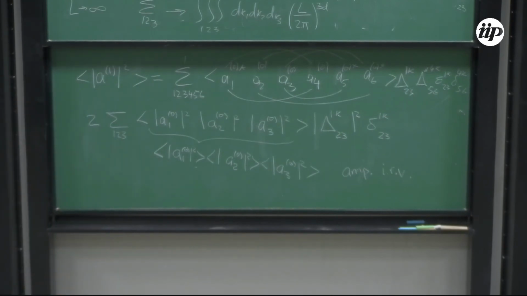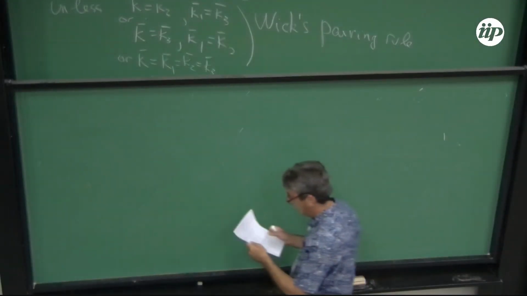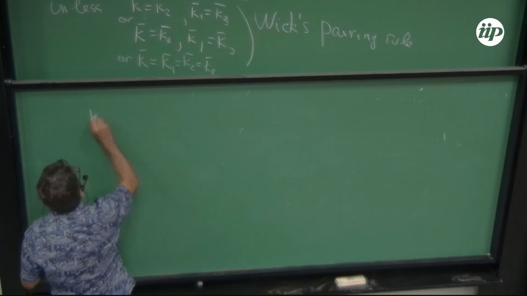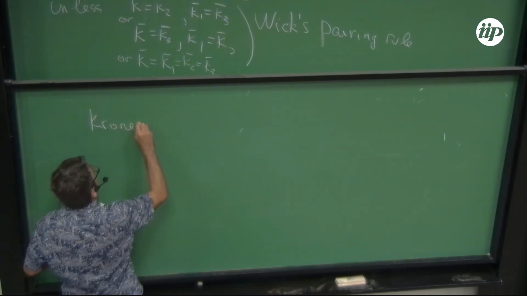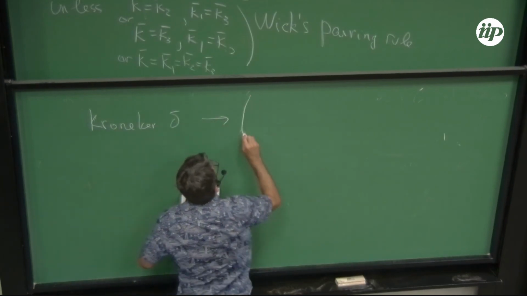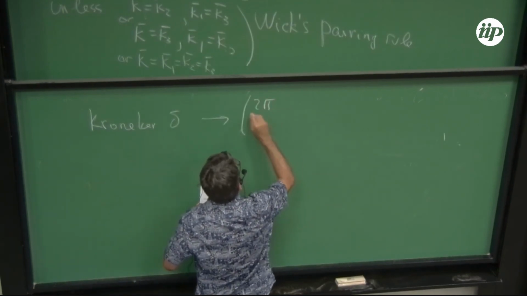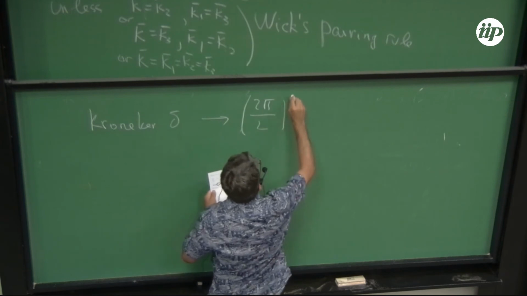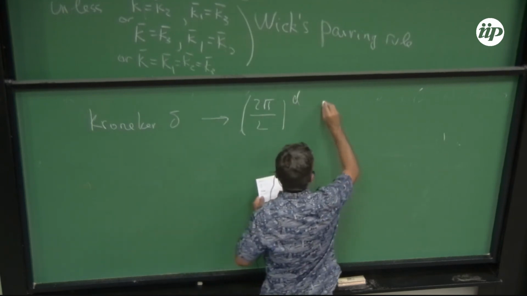Another thing is that the Kronecker delta, the discrete delta, has to be replaced with 2 pi over L times the Dirac delta.